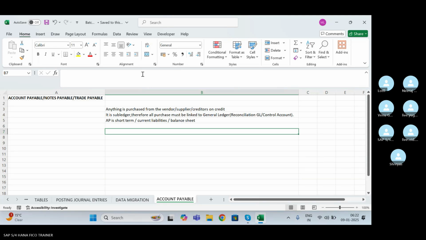If you're buying the SAP software from SAP, then the SAP company must be created as a vendor. Whatever you're purchasing from whichever party, that party must be created as a vendor master or supplier master or creditor master in SAP.